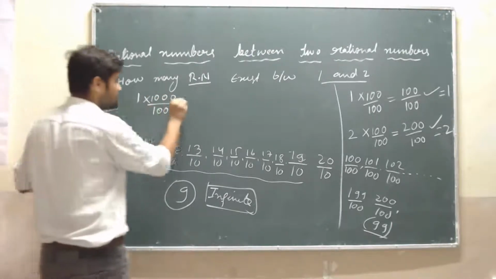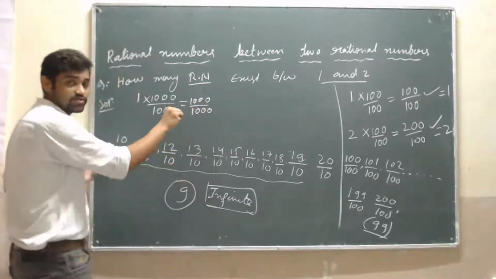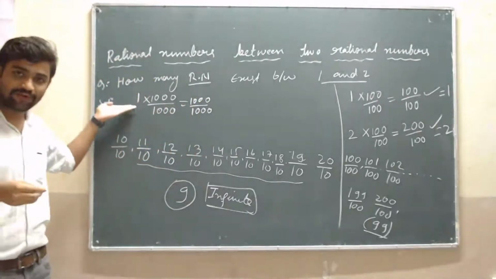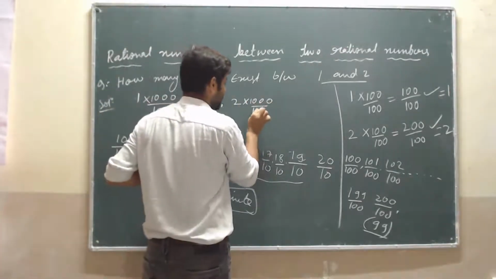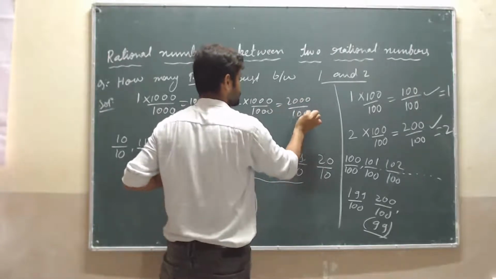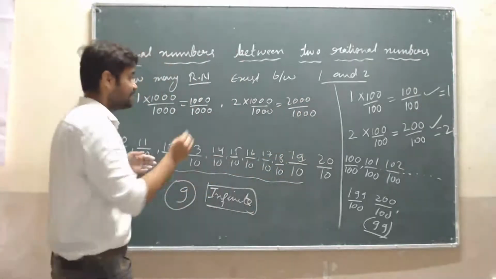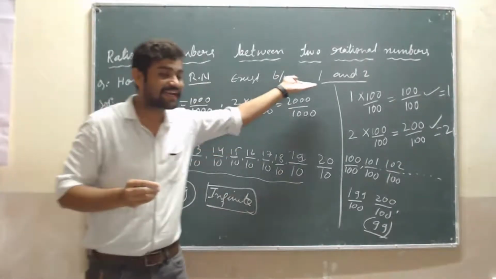It is equal to 1000 by 1000, isn't it? 1000 ones are 1000, so the answer will be 1 only. Then here multiply and divide by 1000. What will you get? 2000 by 1000. Actually, this 1000 by 1000 as well as 2000 by 1000 are equal to 1 and 2.